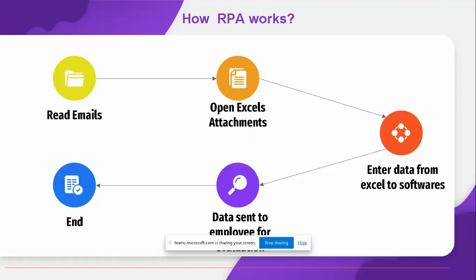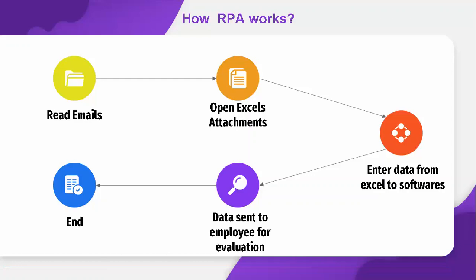Whatever data is in the Excel, it will push it to the target place you have instructed the RPA software. And after adding that data into the software, it will be sent to the employee or the people for evaluation, to check whether the data entered is correct or not. So these things will be done through RPA only.